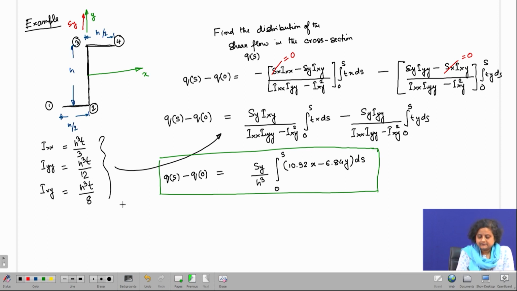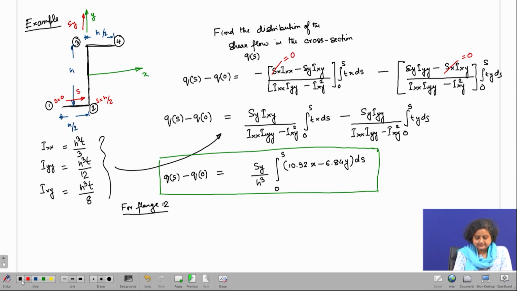Let us first consider flange 1 2. We will start with s equal to 0 here and s equal to h by 2 here. We have taken this direction to be the positive direction of small s.